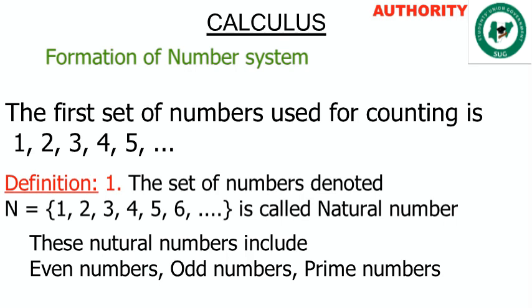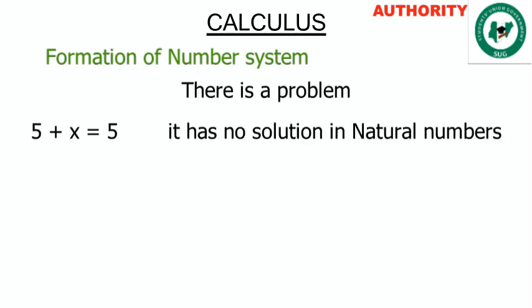Good. Now, this set of numbers was used for counting. But along the line, there was a problem, and this problem is something like 5 + x = 5. What is the number from the set of natural numbers that you can pick and replace x with and it will give you 5?